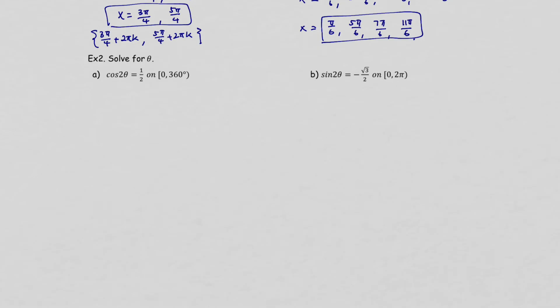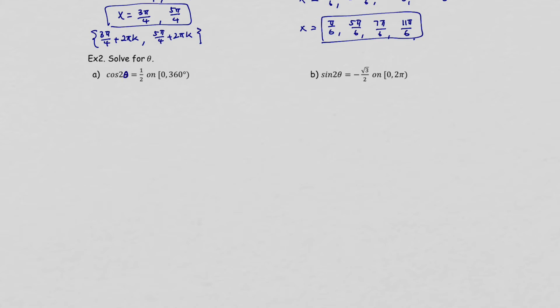This time, example 2, you have a double angle, right? What do we do if we have a double angle or more than one angle? So the first thing we wanted to do is try to isolate. What are we looking for? We're looking for theta right here, right?